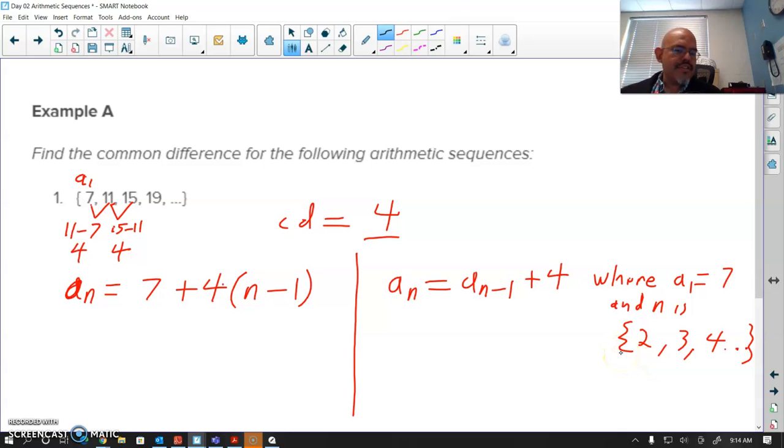These parts are always the same. The only thing you have to write differently for each one of these is this part. That's pretty much it.